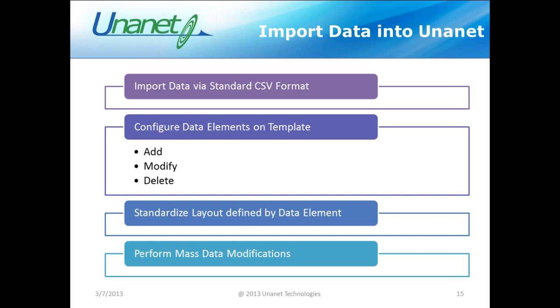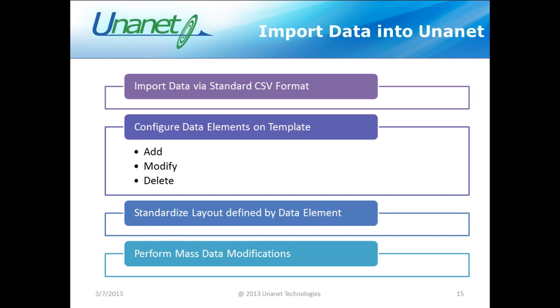So we essentially will take any spreadsheet of data that you have, if saved in CSV format, to import to Unanet. There are specific configurations required for that import file, but they allow you to add data to the Unanet system, to modify existing information, and under some circumstances to delete data from the Unanet database.